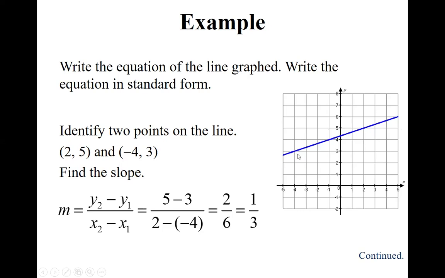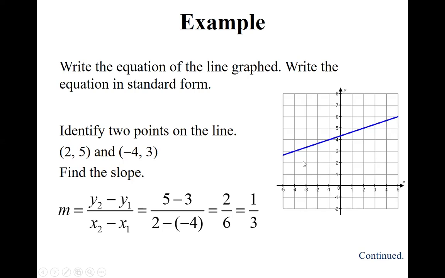Notice if we start over here at (-4, 3) and we go up and to the right 1, 2, 3, 4, 5, 6, there's our other point. And remember I said I saw 4 places? With a slope of 1/3, a rise of 1, a run of 3, we could have used this point. Up 1, right 3, up 1, right 3, we could have used this point.